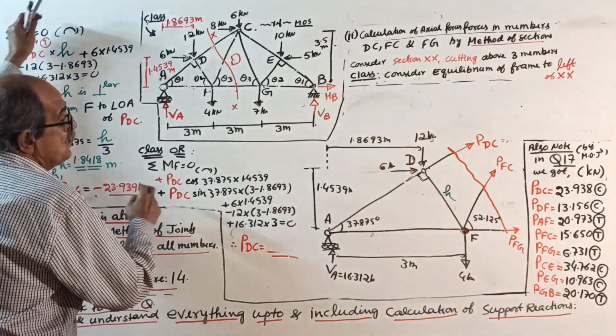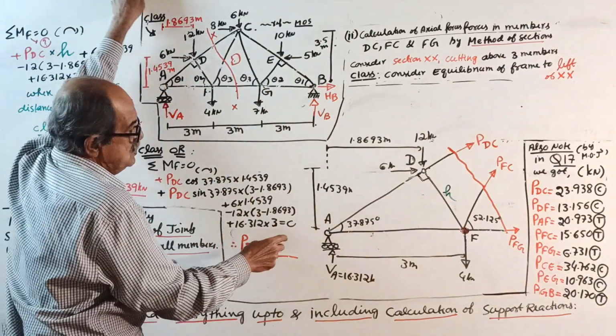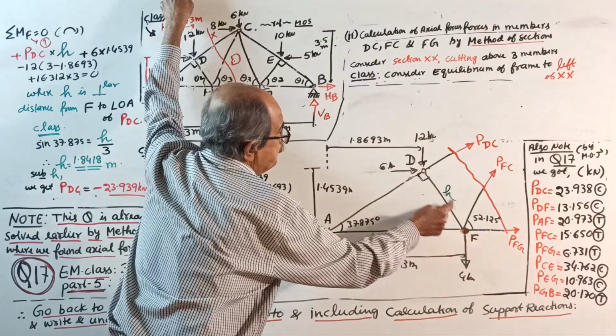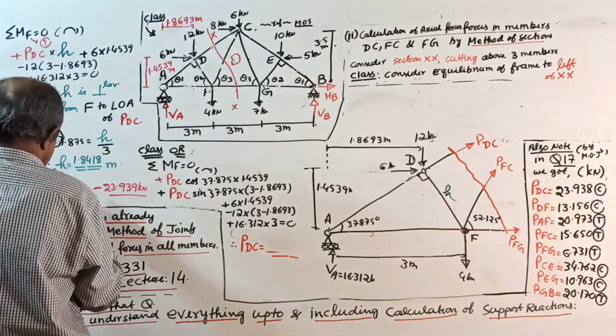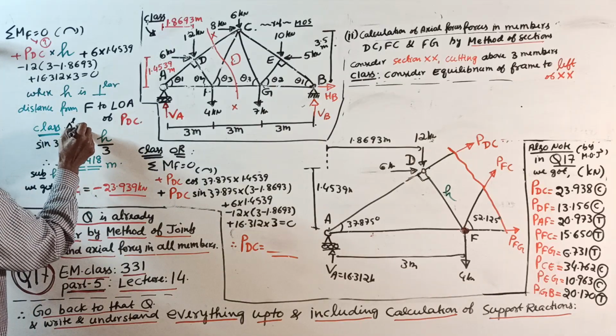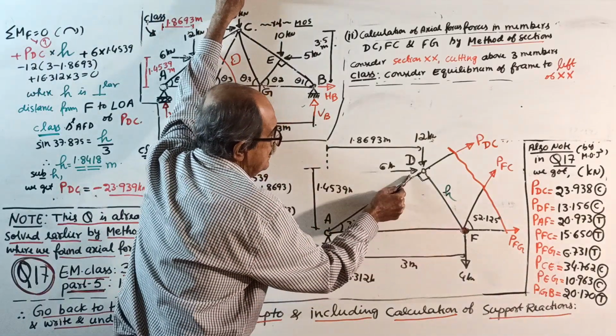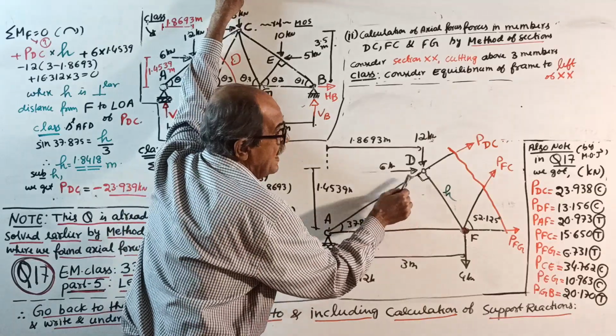Okay, now, first get the value of H. Use the triangle AFD. You should write it here. I will not write what is high school class. Triangle AFD. Suppose it comes somewhere here, H this way. Say D dash, AFD dash.